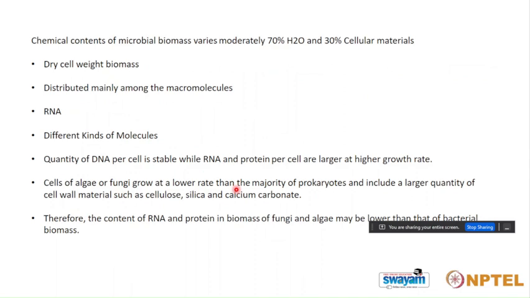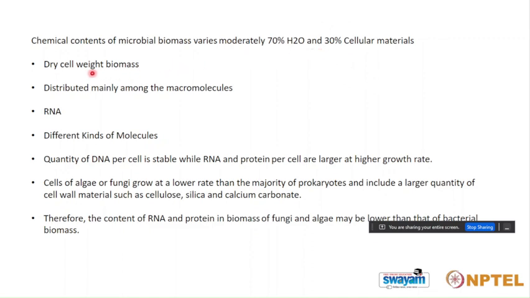Usually microbial biomass has 70% water and 30% cellular materials. This is a rough calculation. There will be slight variations, but this will be the majority of the case.